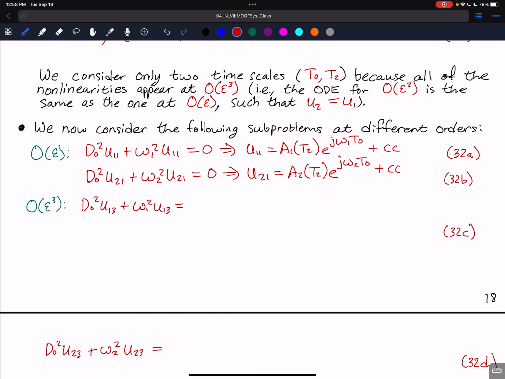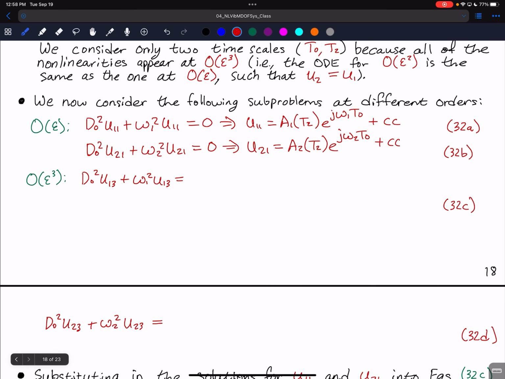But at order epsilon cubed, the equation we get here is minus 2 D0 times D2 U11 plus C1 U11 dot, actually, I think that dot should not be there, because the dot should represent D0, which we've already pulled out.